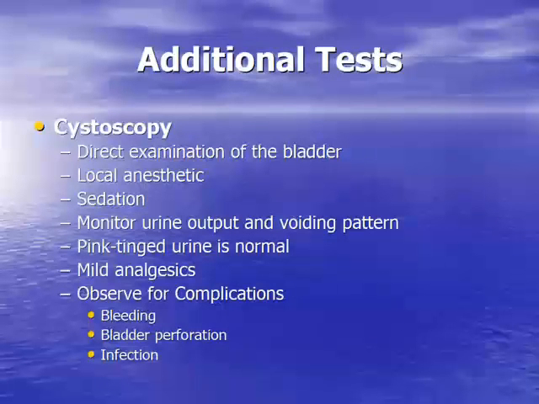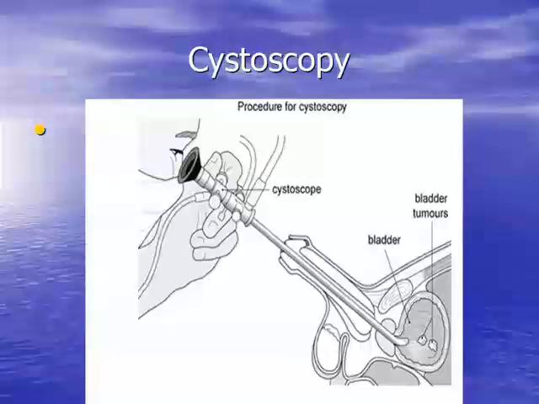This particular type of procedure may be done to remove small kidney stones, which are called renal calculi, or tissue biopsy might be another reason why it's done. If needed, a stent can be left in place during the procedure. This slide shows an example of what this procedure would look like.